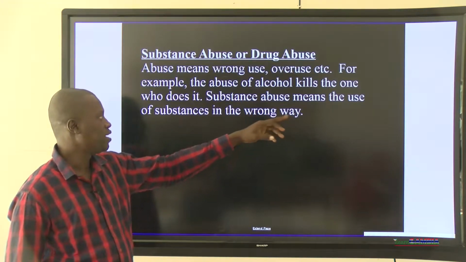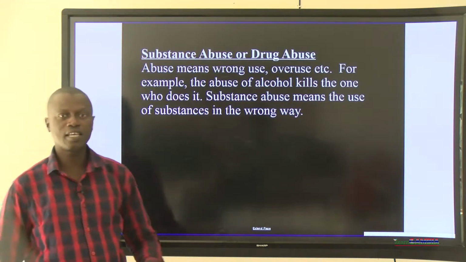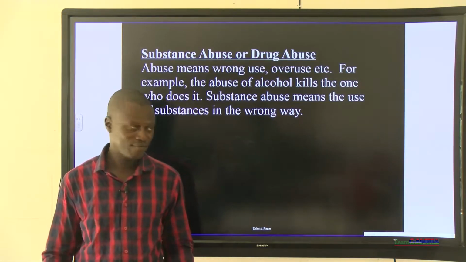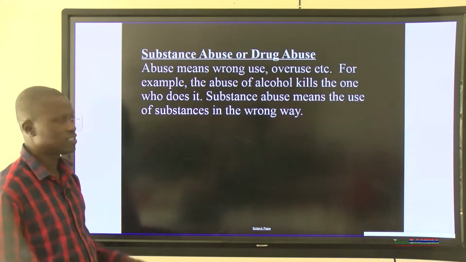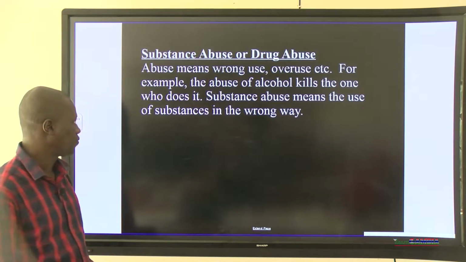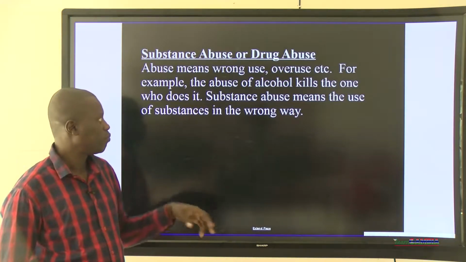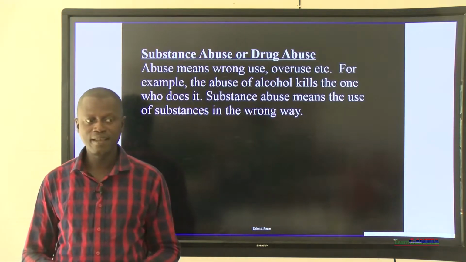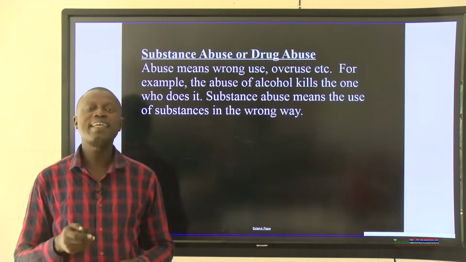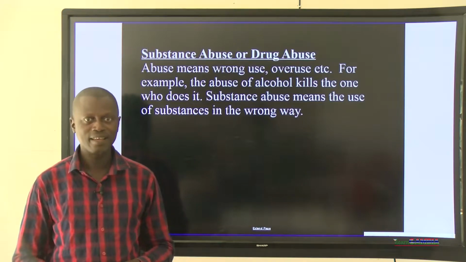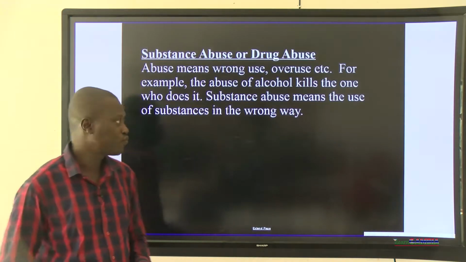Substance abuse means the use of substances in the wrong way. So, generally, any practice which is not put into the rightful way is regarded as abuse.